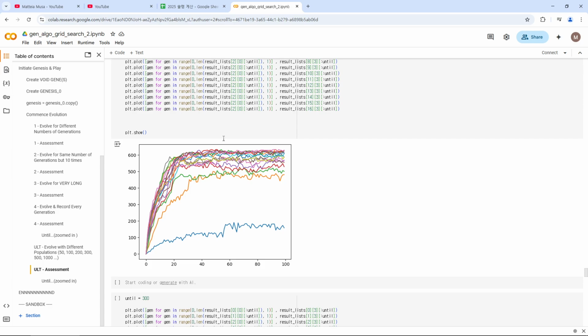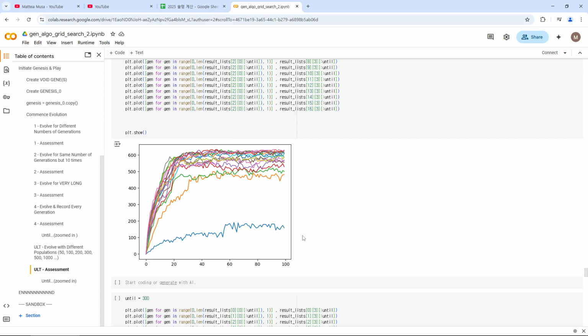Even so, it would still be better than brute force iterating through all the permutations and combinations, but it'd be nice to know the right number of population for a given problem, if that makes sense.